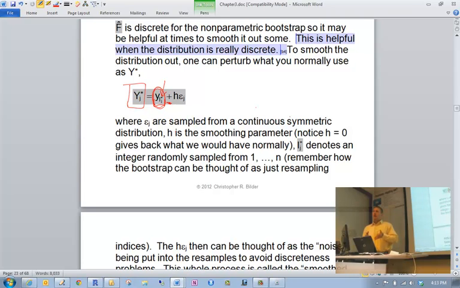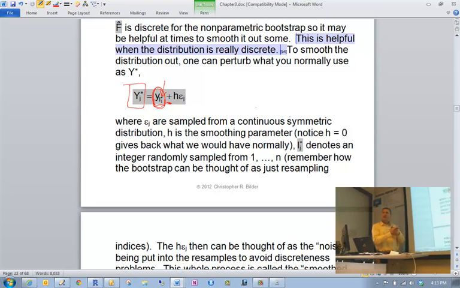So notice if h is equal to 0, you get your regular resample from the EDF. If h is greater than 0, then you can see how we're going to have a little bit of a perturbing, you could say, of our normal y j stars.